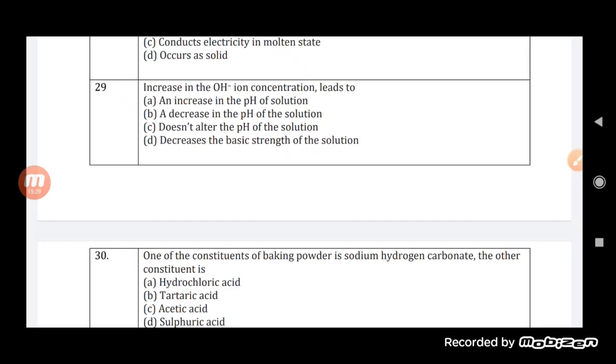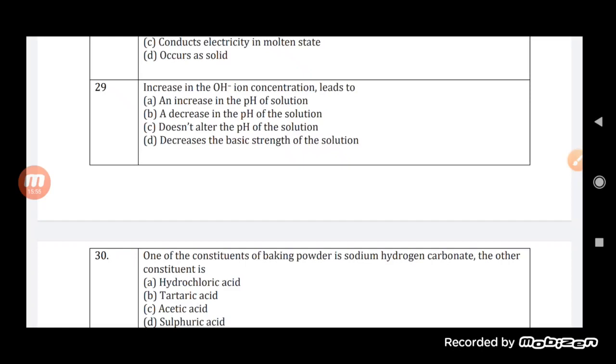So if the hydroxide ion concentration increases, what will it lead to? Basically, the more hydroxide ion, the more basic the solution will be. So what will be the pH? pH is going to increase, because you know that in case of a base, the pH is what?